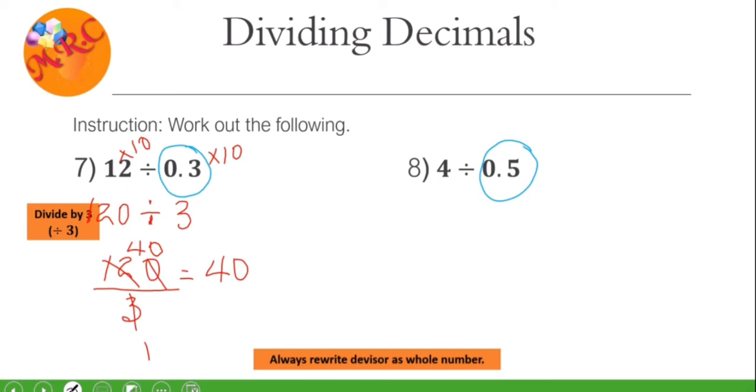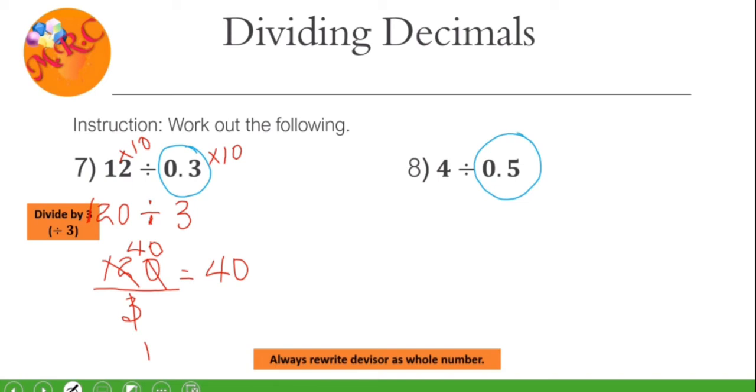Go ahead and do number 8. Remember to rewrite your divisor as a whole number. Very, very important. Your divisor must always be written as a whole number before you can divide. Counting down: 5, 4, 3, 2, and 1.